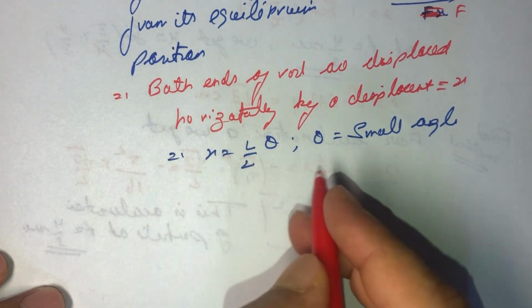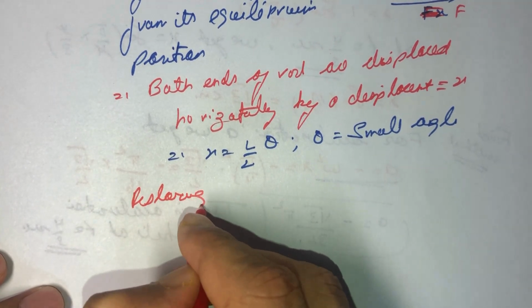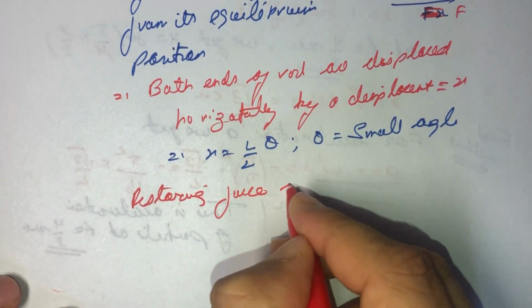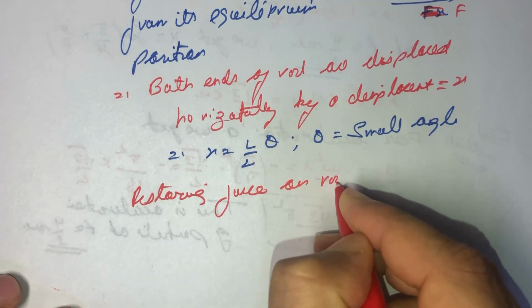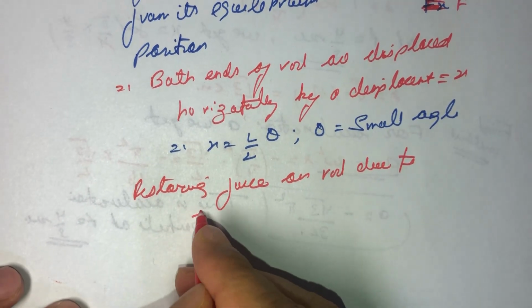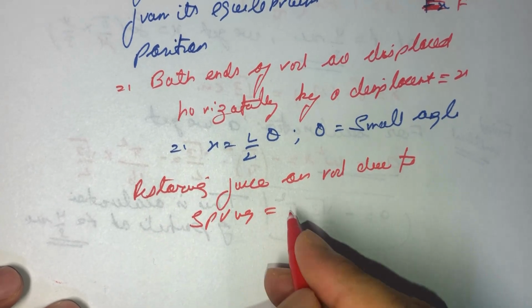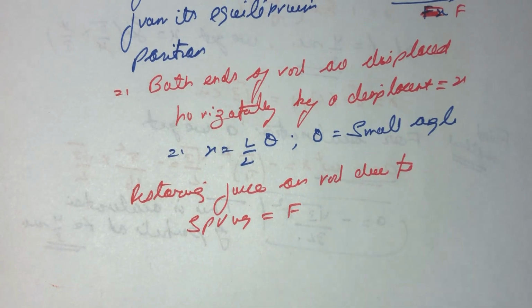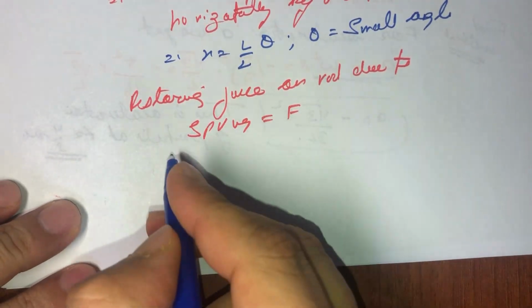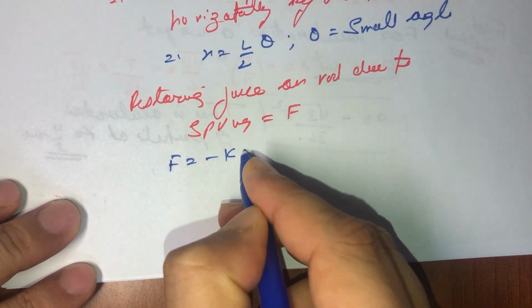So the restoring force on the rod due to the spring is F, and we can write that F is equal to minus kx.